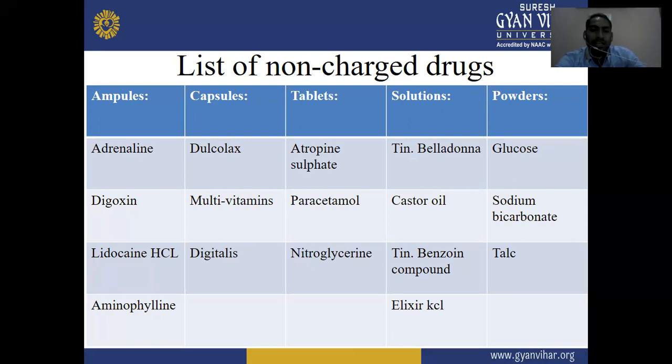Next is solutions: tincture belladonna, castor oil, benzoin compound, elixir. These solutions are included in the list of non-charged drugs. And the last one is powders: glucose, sodium bicarbonate, talc. These powders are included in the list of non-charged drugs. This is the list of non-charged drugs.